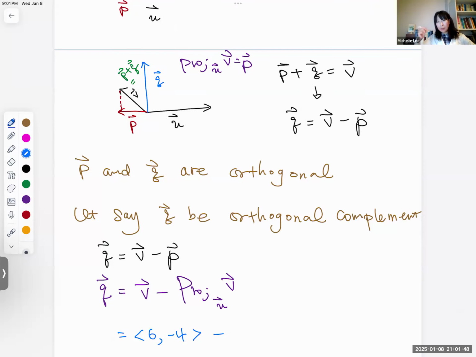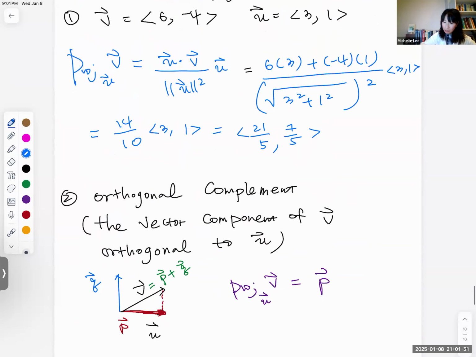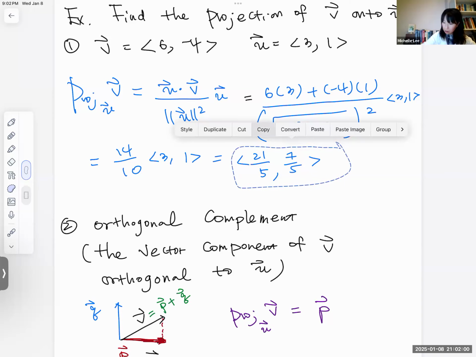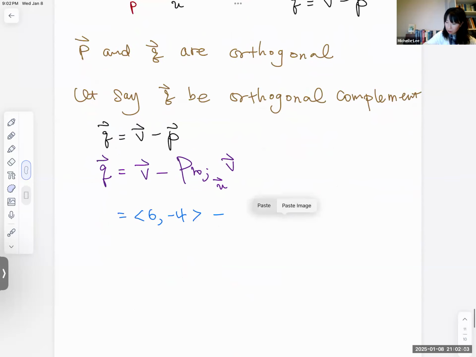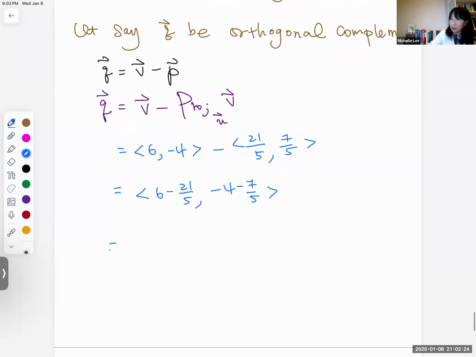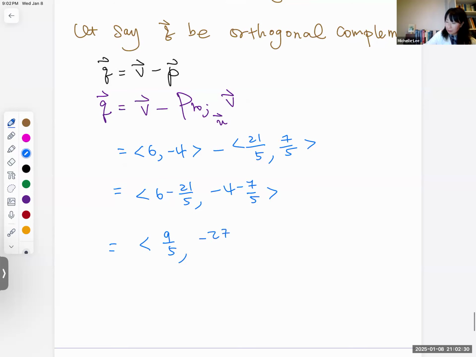What's the projection of vector V onto U? From number 1, we found P. Okay, so that will be vector subtraction. So we have 6 minus 21 over 5, negative 4 minus 7 over 5. With a common denominator, we get 9 over 5 and negative 27 over 5.